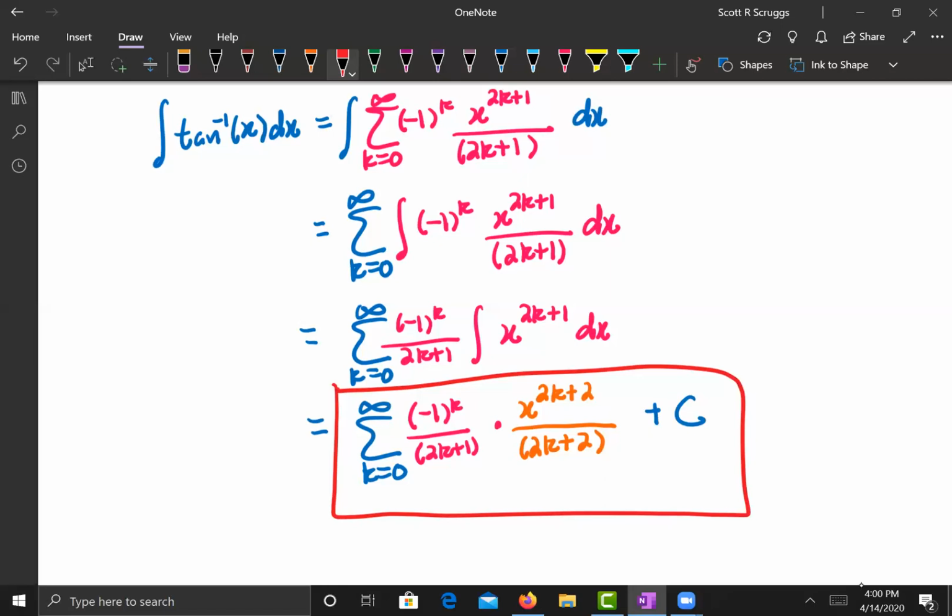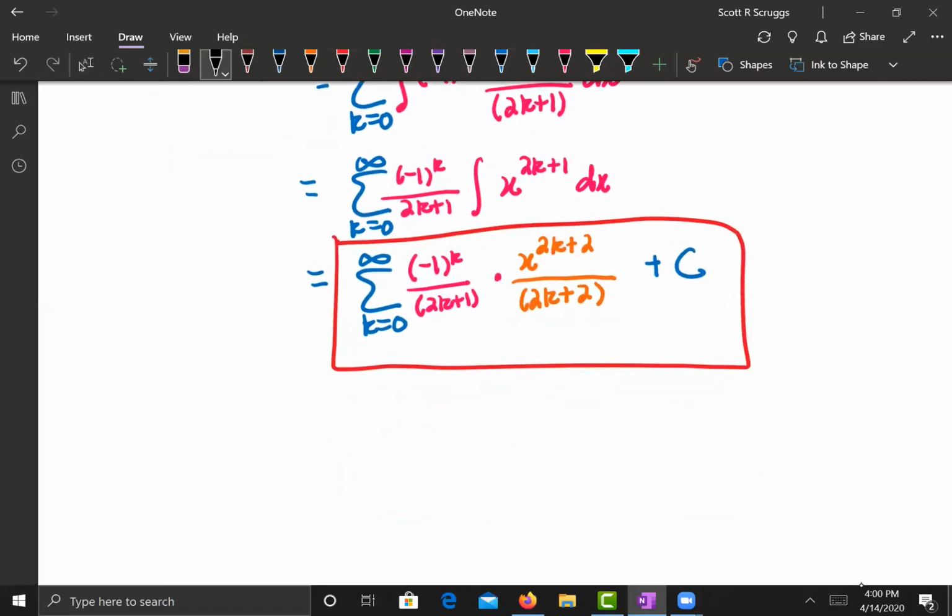All right. Any questions on this example before I give you all another one? I don't see anything there. Then I'll give you all one to work on. That will be the integral of natural log of 1 plus t over t, dt. And I want y'all to integrate that using Taylor series.